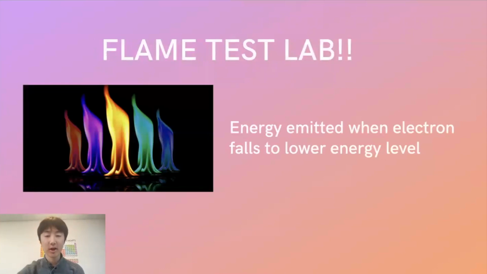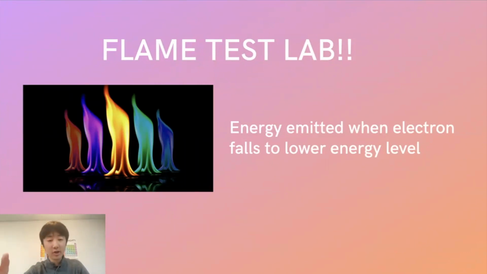Essentially, in the flame test lab, as you can see, it's the different colors you see from the flame test results when the electrons go from an outside valence shell to a ground state shell, which releases energy because it becomes more stable, right?